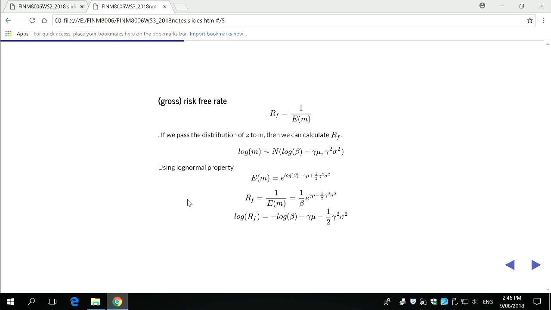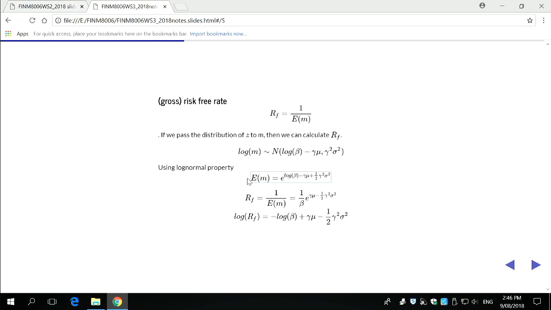So with this, we can look at the risk-free rate. The risk-free rate, by definition, should be equal to 1 over expected m. Right, so how do we calculate expected m? Well, m is log normal, right? Log m is distributed normally, so for expected m, I can just use the log normal property.